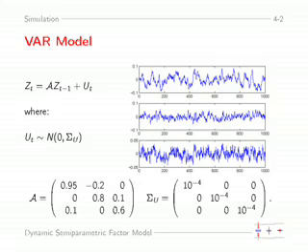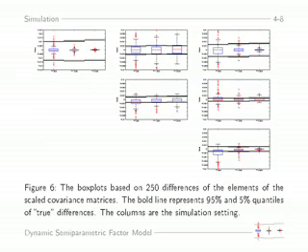We have generated now a DSFM model with this, so we know the model, so we can see what will happen with these Z series, right? And we did it 250 times, as I said. Okay.